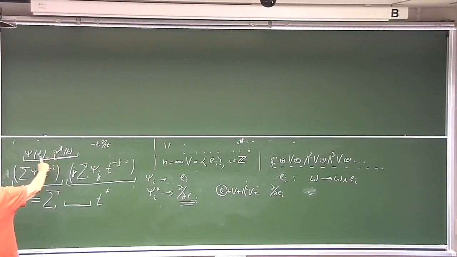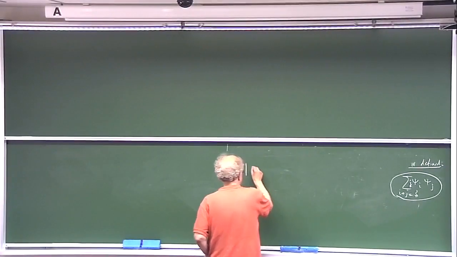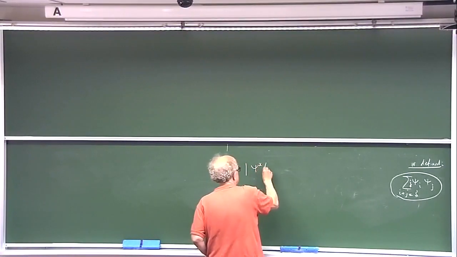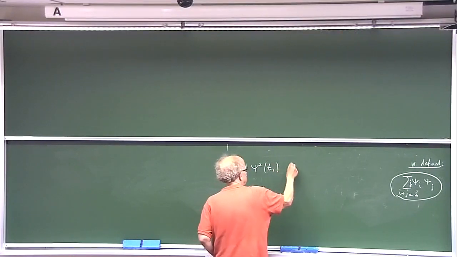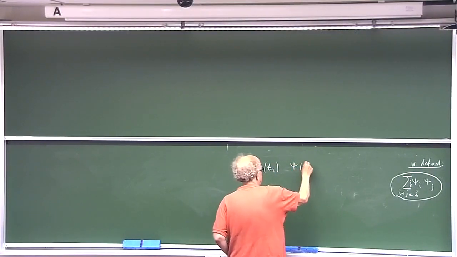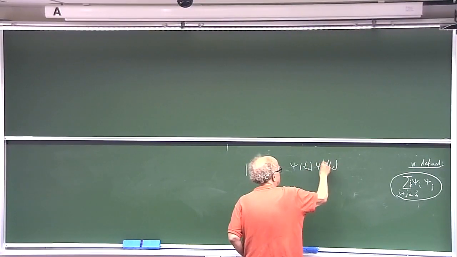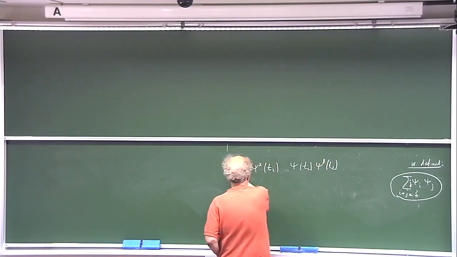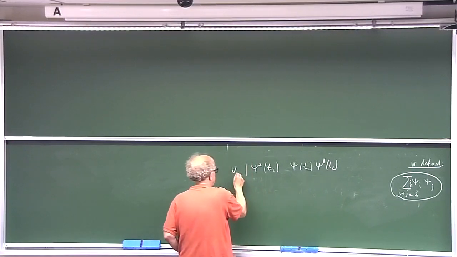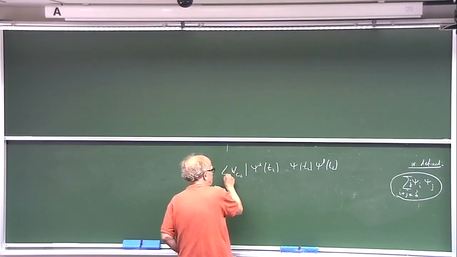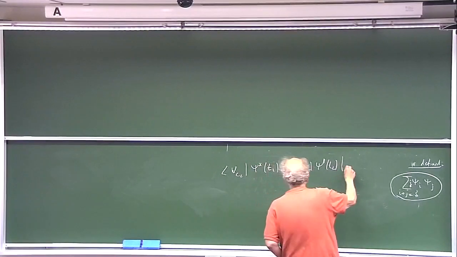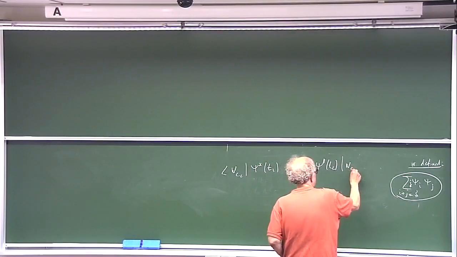Now, some kind of statement which I formulated yesterday. For example, if we have something like this, and here we have some element W C2, and here we have some element W C1.